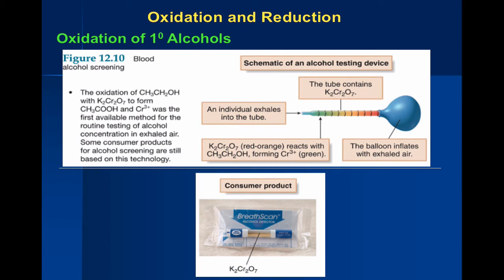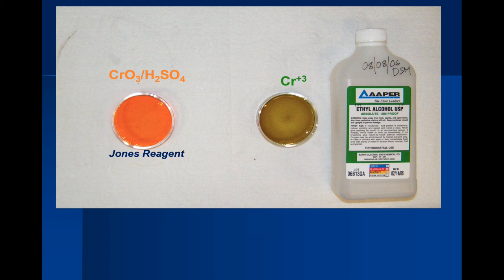So breath scan, that's the chromium salt in there, and when you were done at the bar, you would breathe through it, and they would see how much it turned green, and they would determine whether or not to give you your keys or not. These were big in the 70s and 80s when they were having the big pushes against drunk driving. The problem is these aren't very environmentally friendly. You would use it, you'd throw it in the trash, chromium would end up in the landfill, whatnot. And so we don't really use these today. They're electronic gadgets that do the same thing.